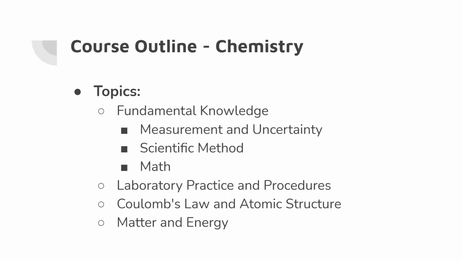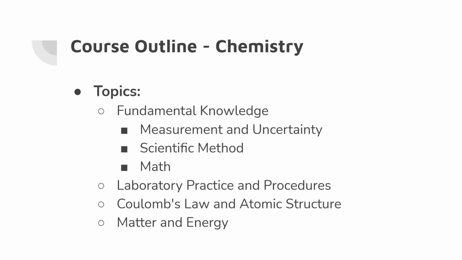So what would our course outline be, where would we focus our attention for chemistry? We've got fundamental knowledge, which we've talked a little bit about. It would be in more detail: measurement and uncertainty, the scientific method, and the math, always fun for students. Laboratory practices and procedures, very important for them, not only to be safe, but because they're an important part of the process.